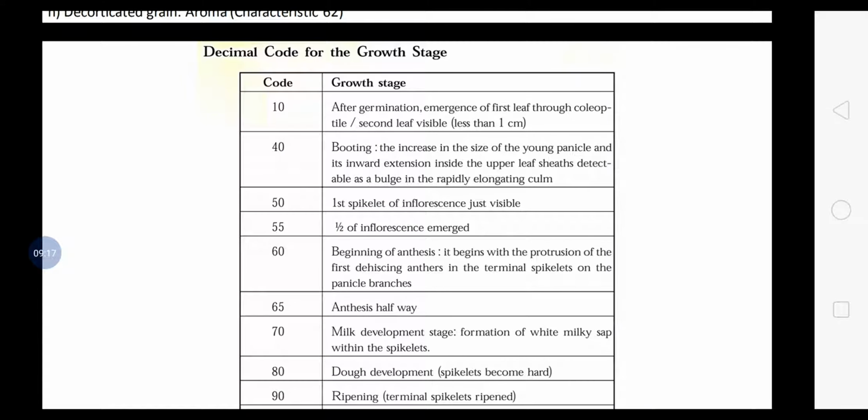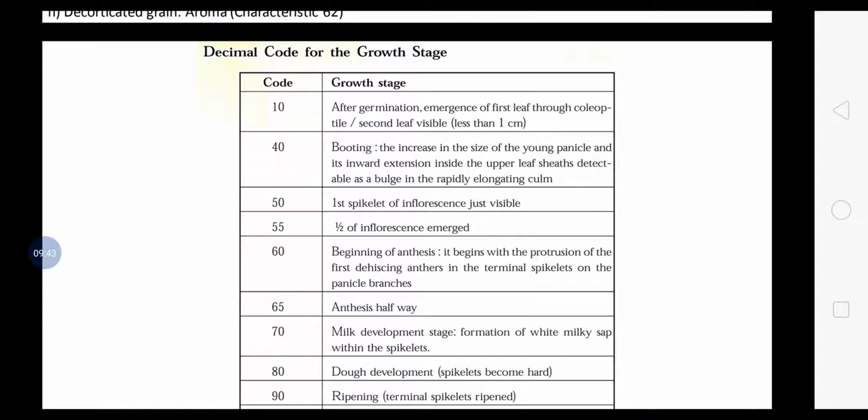Now we shall see the decimal code for the growth stages. Different decimal scores are indicated here. 10 means after germination, emergence of first leaf through coleoptile and second leaf visible. 40 means booting stage. 50 means first spikelet of inflorescence just visible. 55 is half of inflorescence emerged. 60 is beginning of anthesis.